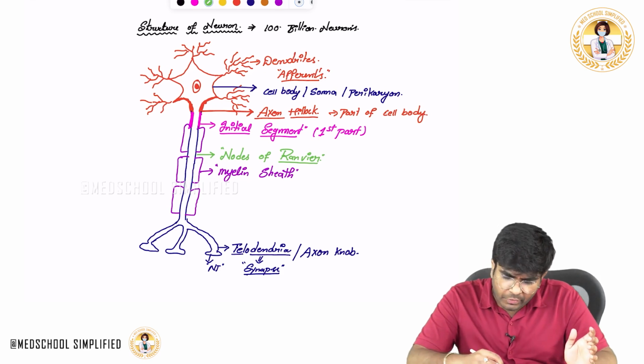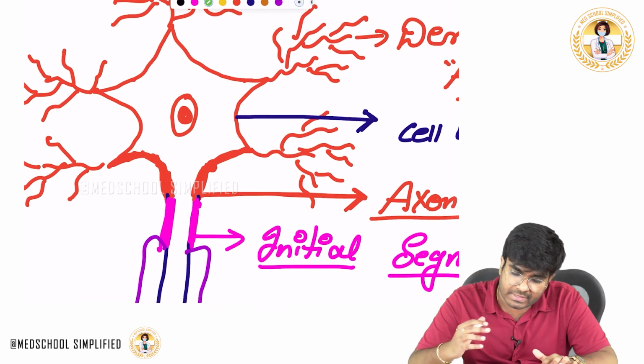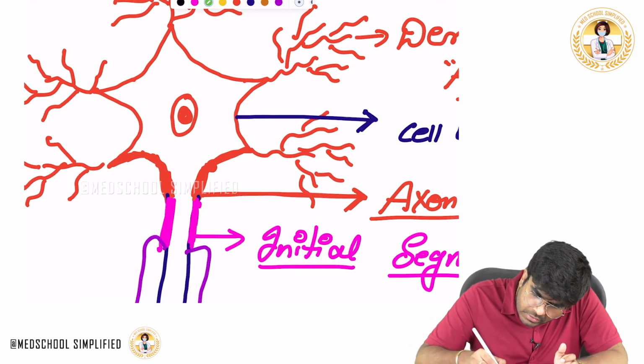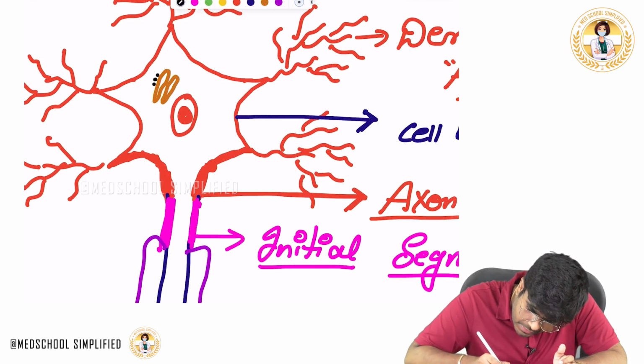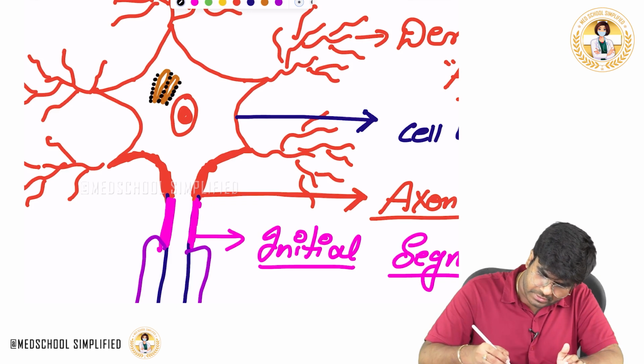Basic structure. If you go into details within the cell body, what are there? There is a nucleus, and there are also aggregated structures present inside the cell body. These structures are called Nissl granules.